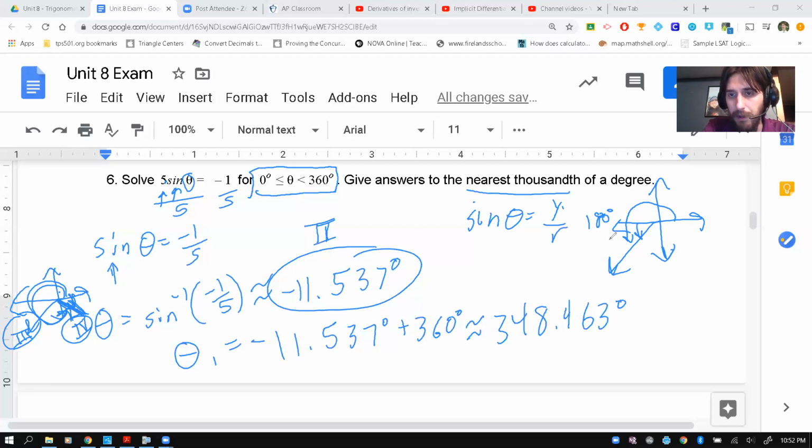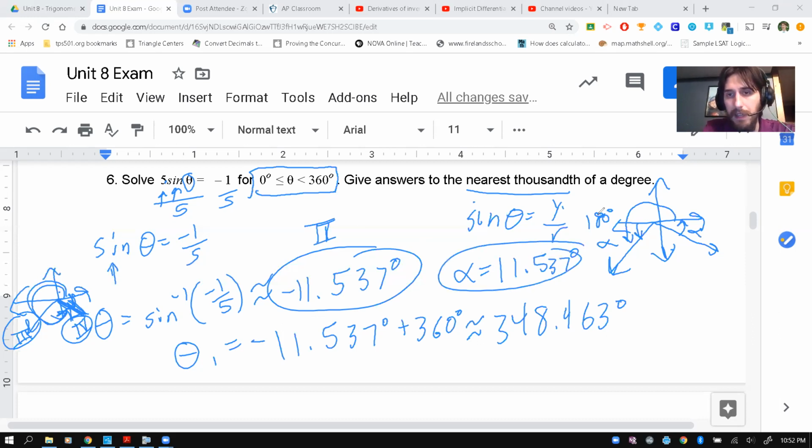That little bit we call the reference angle. Notice that this little bit here is the same angle as we had over here, except it's positive, not negative. So this 11.537 is our reference angle if we change it to positive.